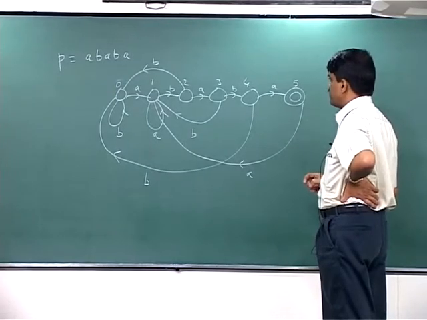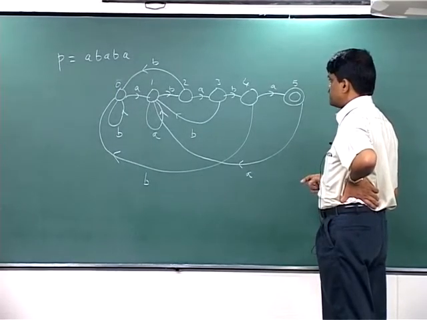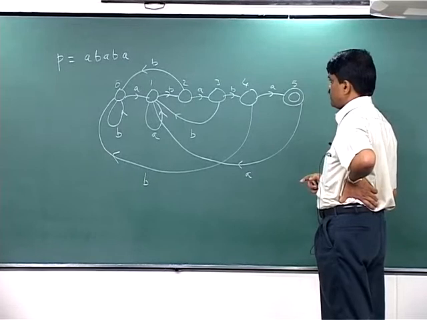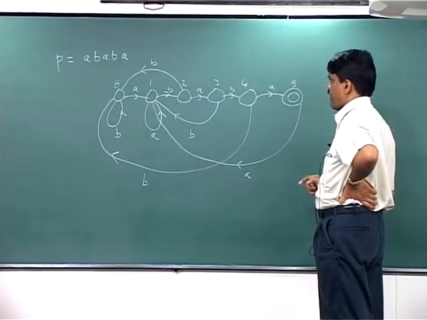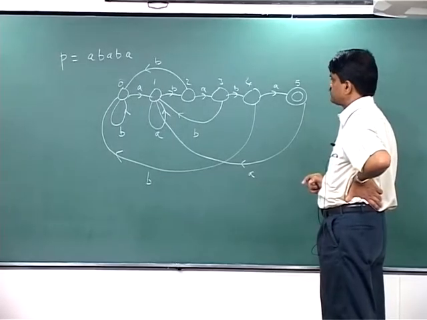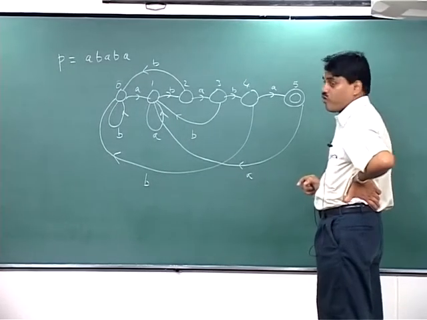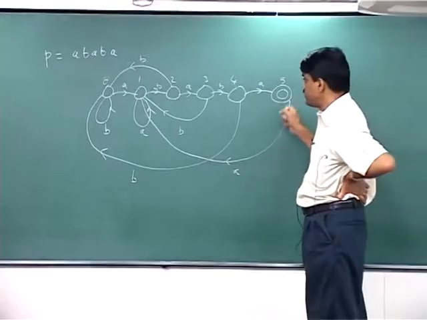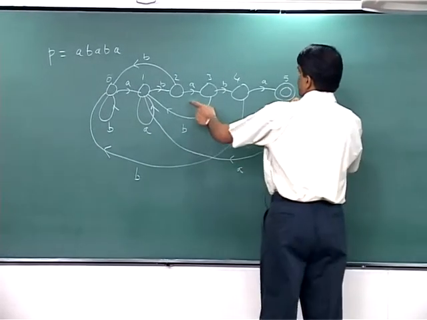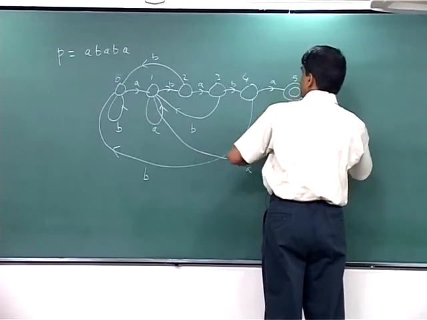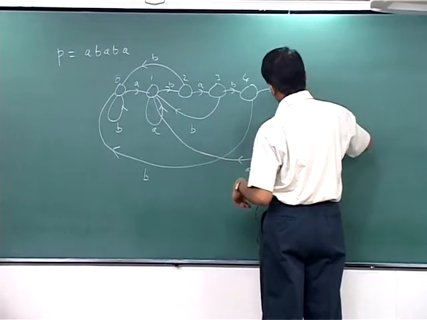Okay, 5 on B, what do you do? When I see a B, where do I go? 4, right? I see a B, then you can figure out that I have actually seen ABAB, so I can go to 4.